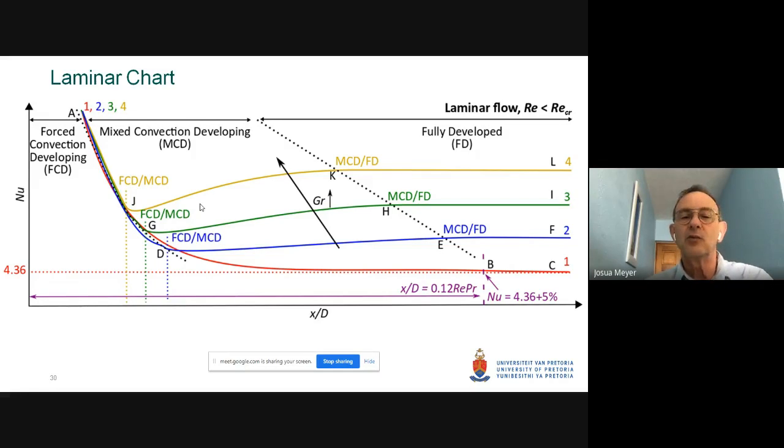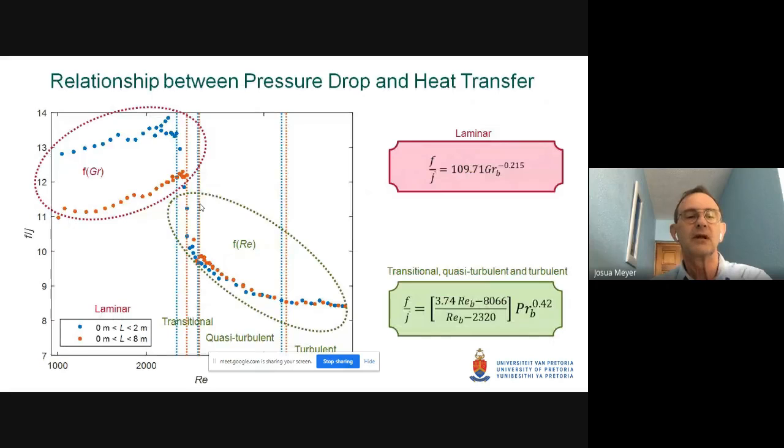And when we started plotting these results, we actually realized that there should be some more nomenclature developed. We've got three different flow regimes. We've got the forced convection developing flow regime, a mixed convection developing flow regime, and then the fully developed flow regime. And this line here would actually show us where these changes occur from the different flow regimes. Next slide, please.